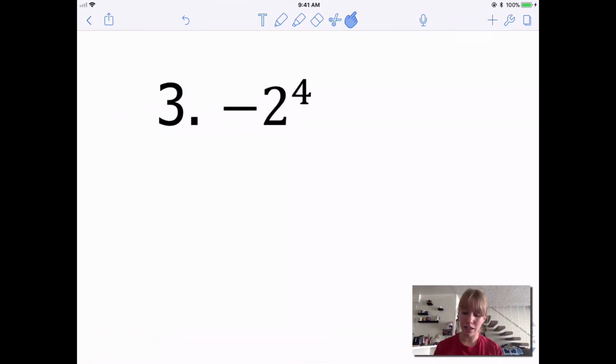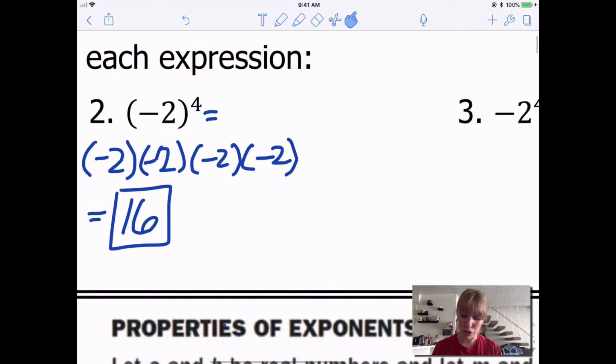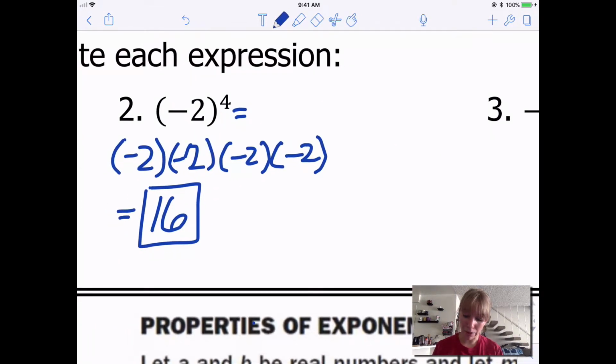So since I have an even number of negatives here, I just get a positive 16. And this last one, notice my negative is not in parentheses. When we look at our exponents, this exponent is only attached to the one thing next to it. So when I was over on number 2, that exponent was attached to the parentheses because that's the thing right next to it. So I had to multiply negative 2 by itself 4 times.